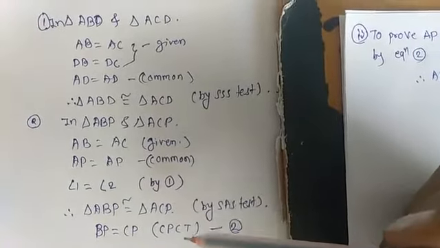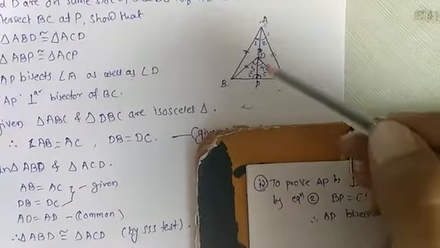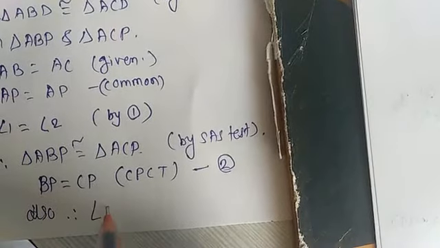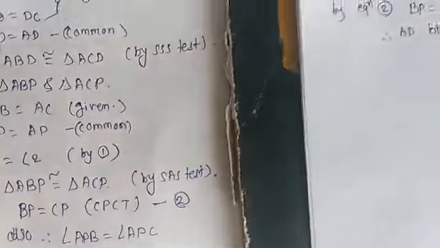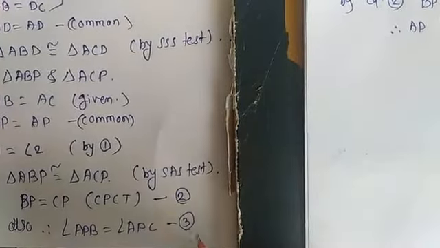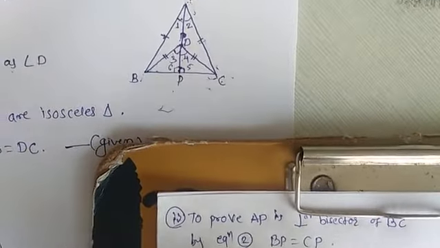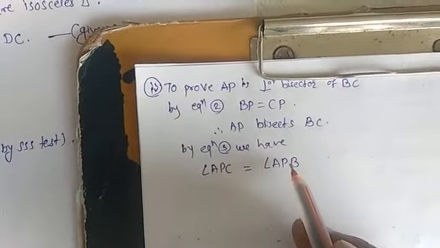So by CPCT, angle APB is equal to angle APC. Write it as equation 3. By equation 3 we have two congruent angles, angle APC and angle APB. Now we have to prove they are 90 degrees.